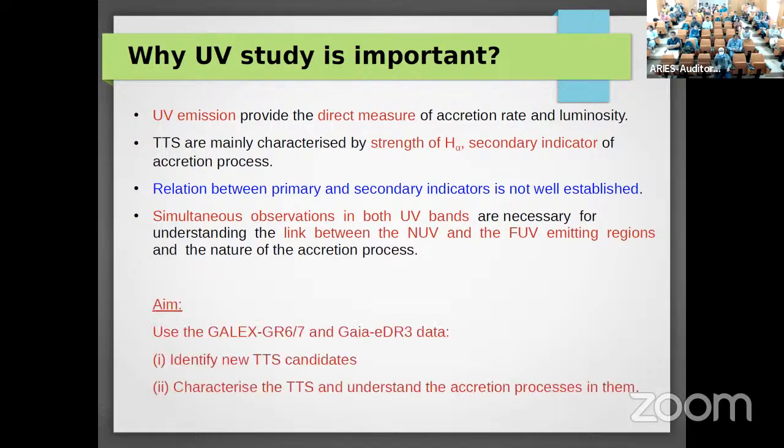Here comes GALEX, which gives you simultaneous FUV and NUV observation, and Gaia gives you the proper motion and the distance to the molecular cloud so accurately that you can know which one is a proper member of that cloud. So we plan to use these two datasets and combine them with ground-based spectroscopic data.